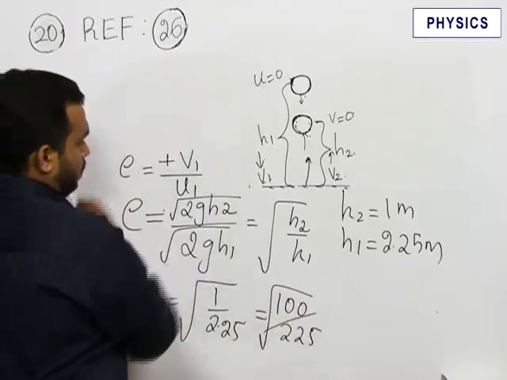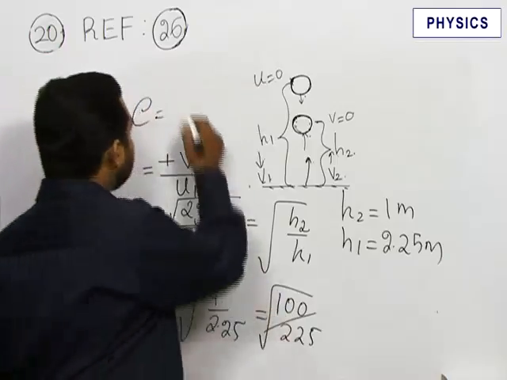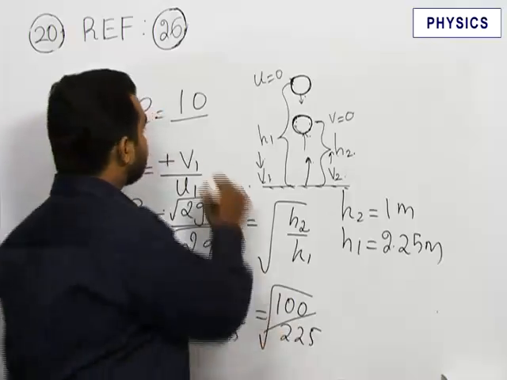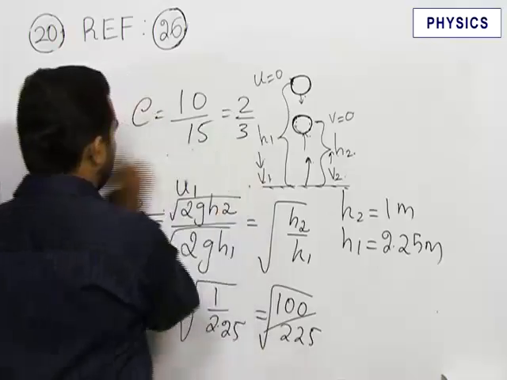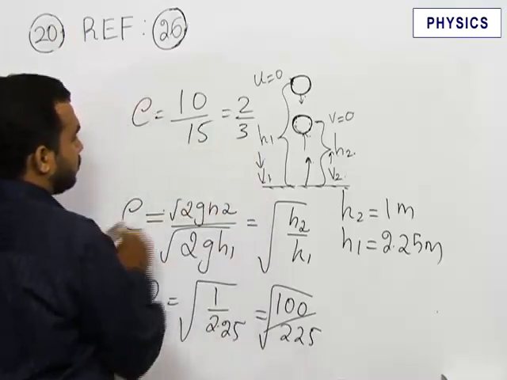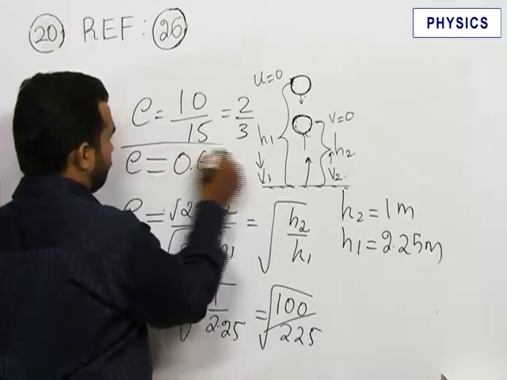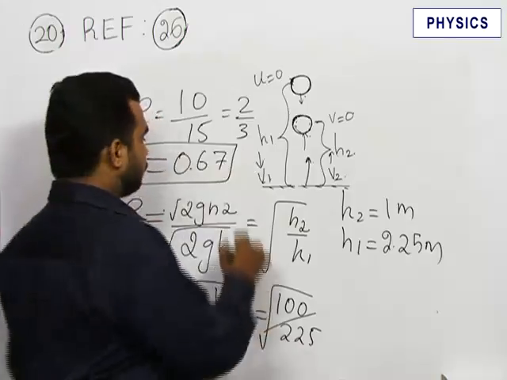Taking the root, root of 100 is 10, root of 225 is 15. It is 2 by 3, which is nothing but 0.67. So the answer is option number 4.